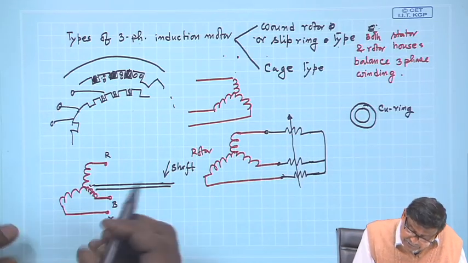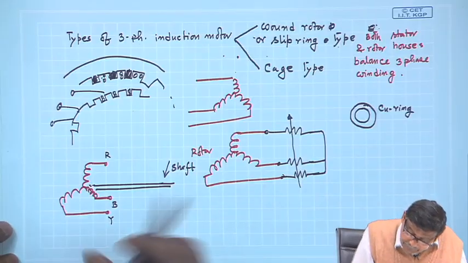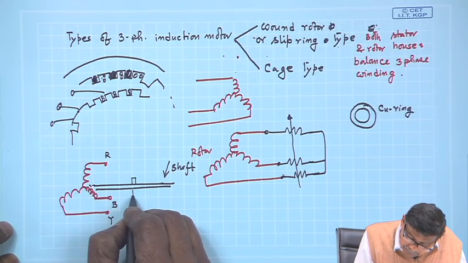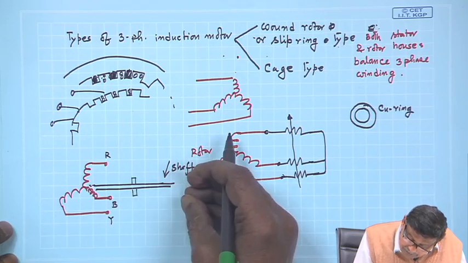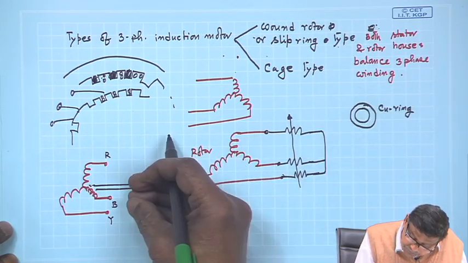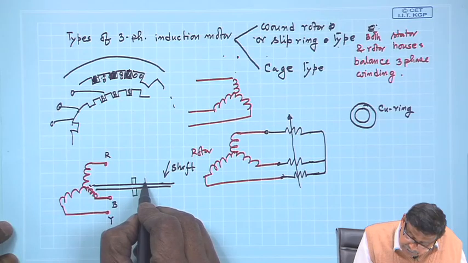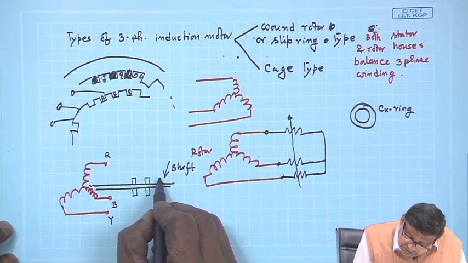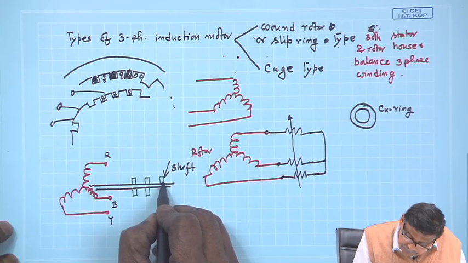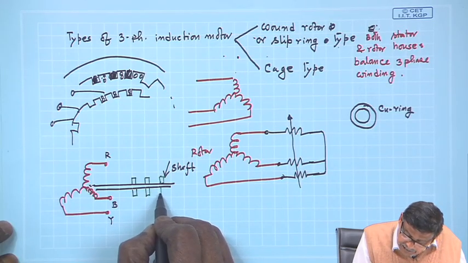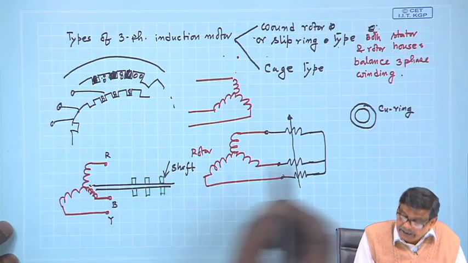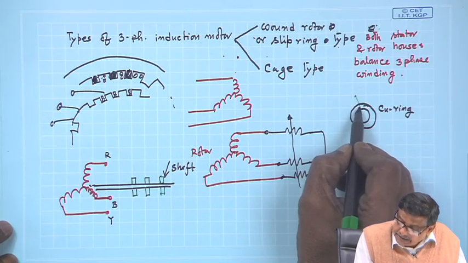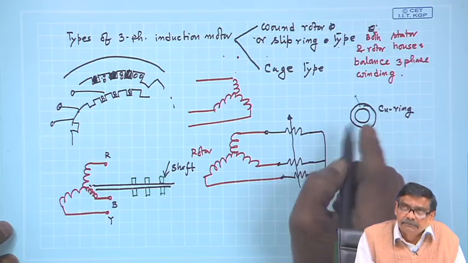So, this is one copper ring like this. I will push it here, the second one you push there, and the third one you push there. And these rings are continuous rings, that is, any point here electrically means all the points here, because it is copper.